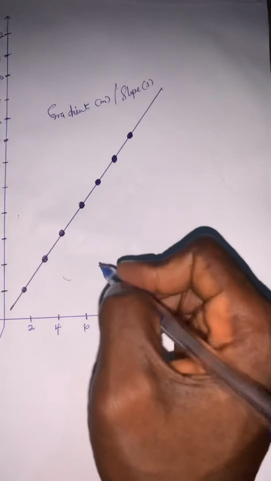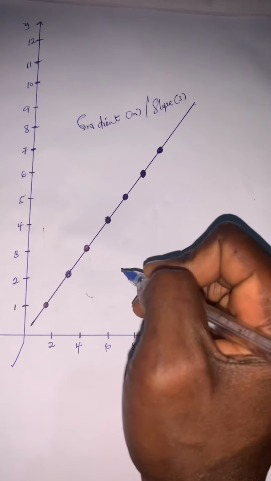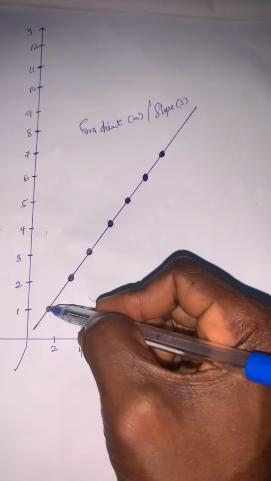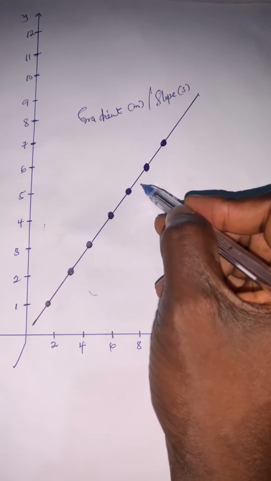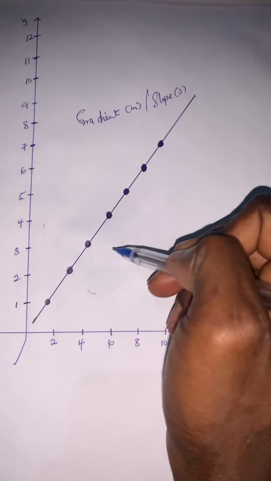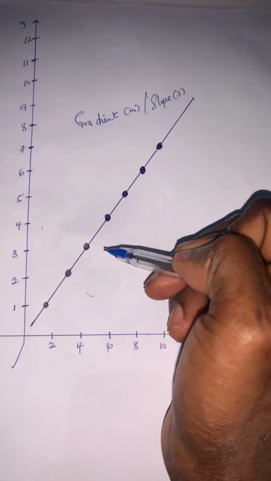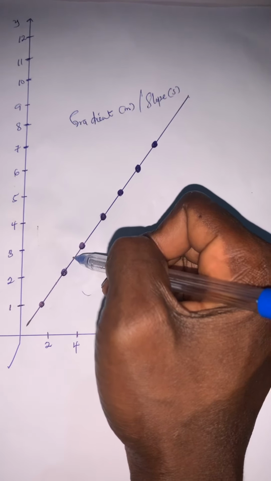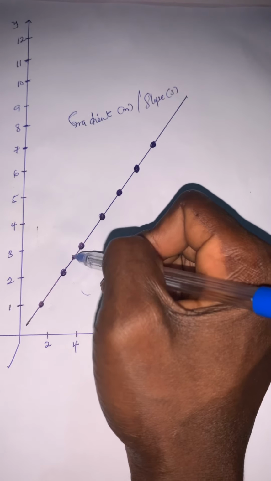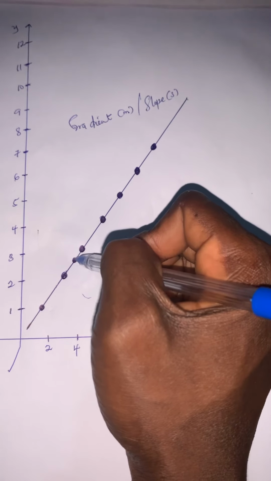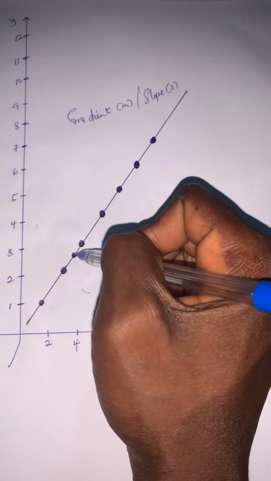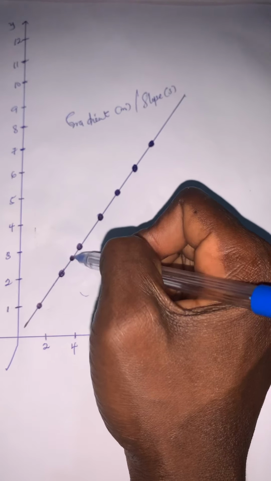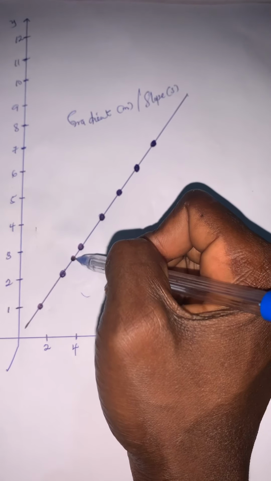Alright, so what we do is, the points that you've plotted, you can use them, but for you to be sure, we avoid using those points. So we pick a point on the line which is easier to see.